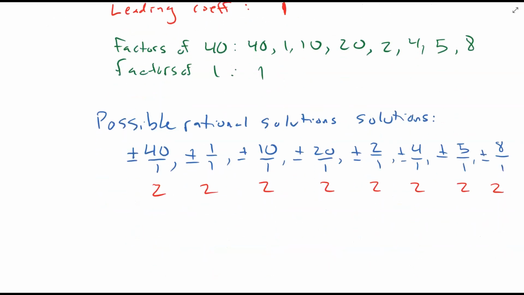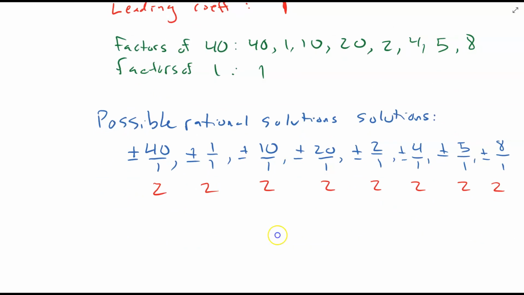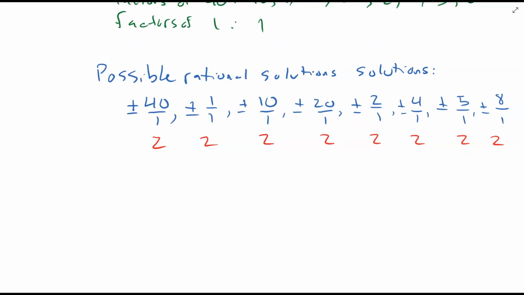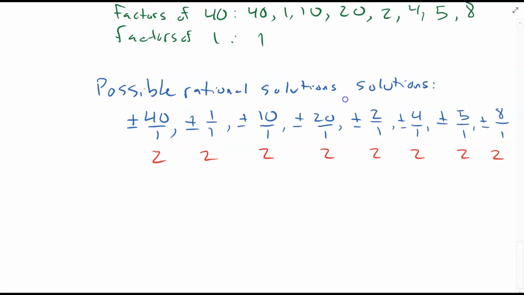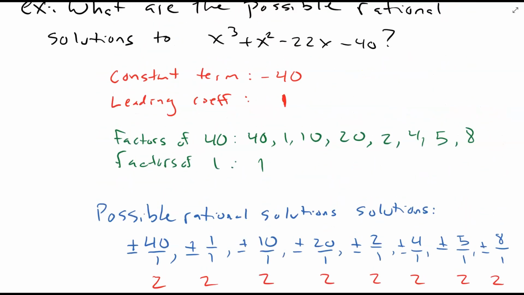So let's check some of these and try to see if we can find a factor to get this problem started. So somebody pick one of the possible solutions from this list. 3 over 1. Why 3? There's not even a 3 on the list. 40. You really want to start with 40? Yeah. I would typically, so if I look at the constant term, that constant term is not real big, right?